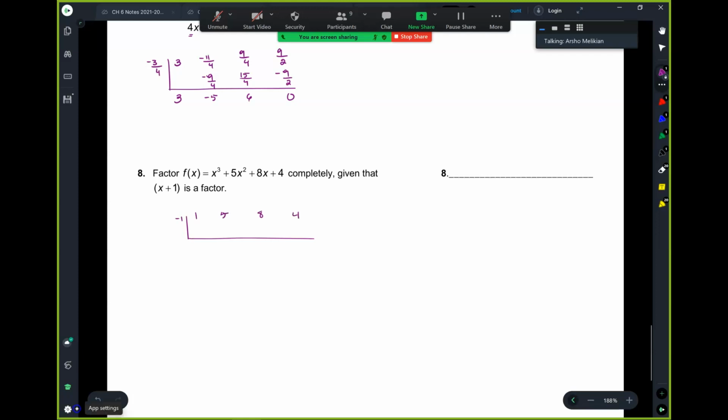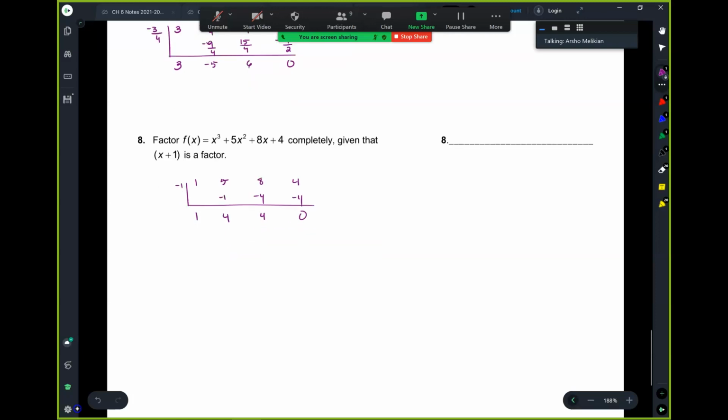Are all the exponents there? 3, 2, 1, 0. Yes. 1 comes down, negative 1. 4, negative 4. 4, negative 4, 0. Fabulous. So I can rewrite f of x as x plus 1 times x squared plus 4x plus 4.